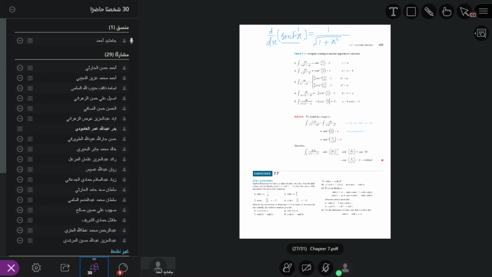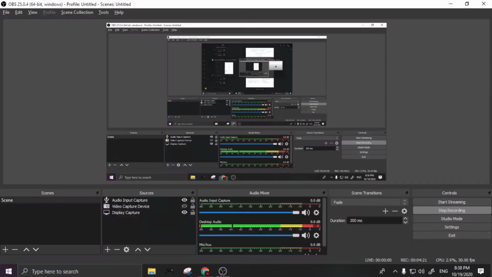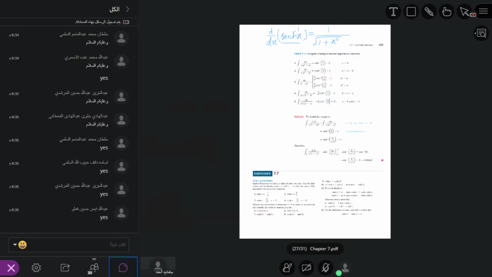So if the derivative of sine hyperbolic inverse x is equal to 1 divided by square root of 1 plus x square, then the antiderivative of 1 divided by square root of 1 plus x square is sine hyperbolic inverse x plus constant.